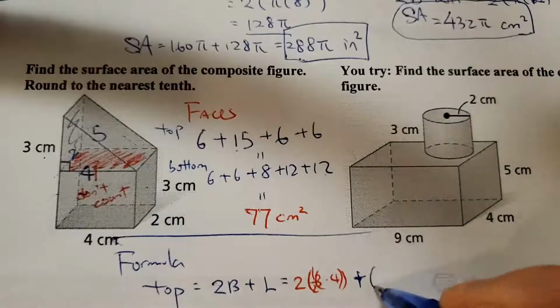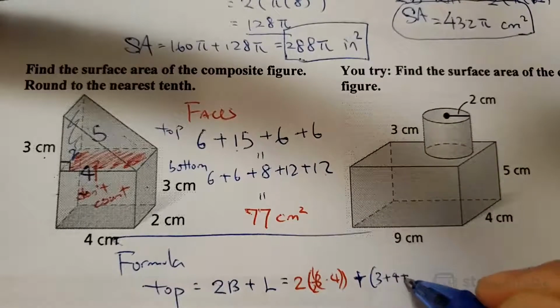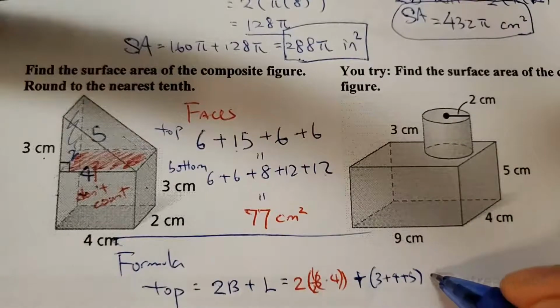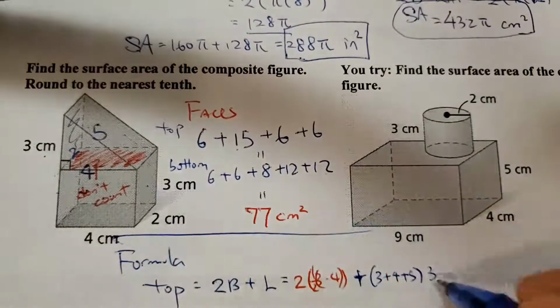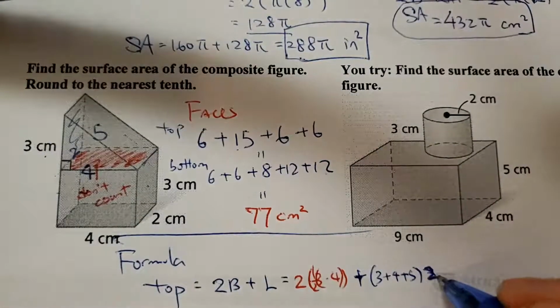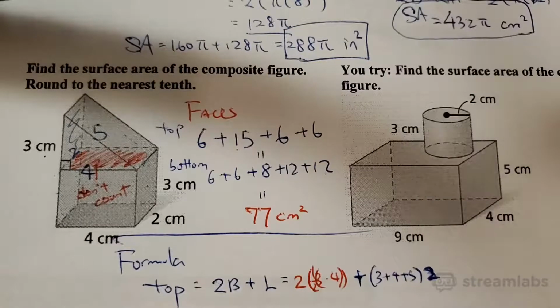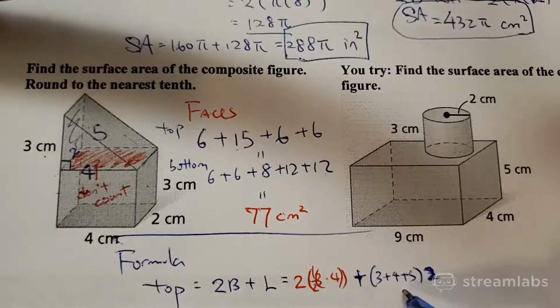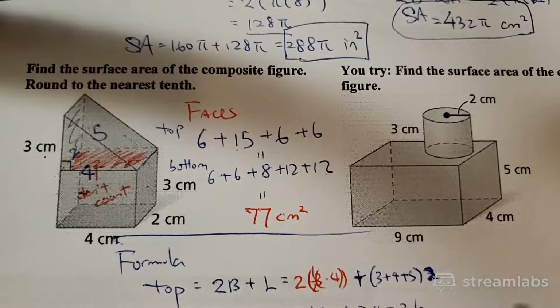So perimeter is going to be 3 plus 4 plus 5 times the height is 3. Oh, sorry, 2. Right? Perimeter times height. Okay. So that's the first part for top, which is going to be 12 plus 24, which is 36. Okay.